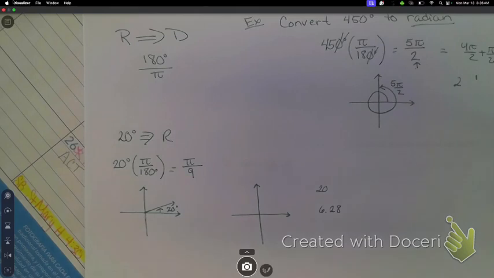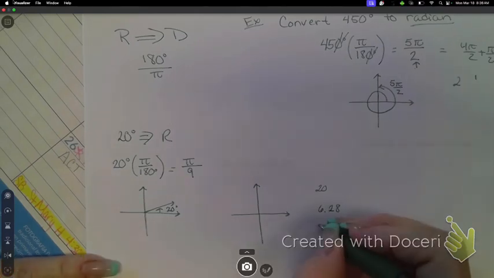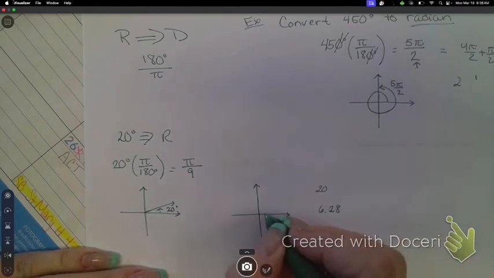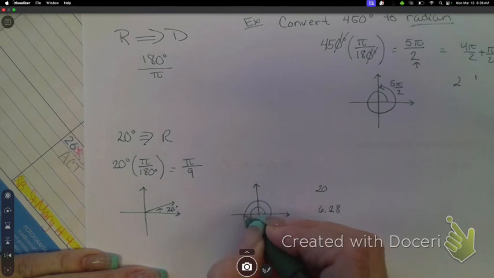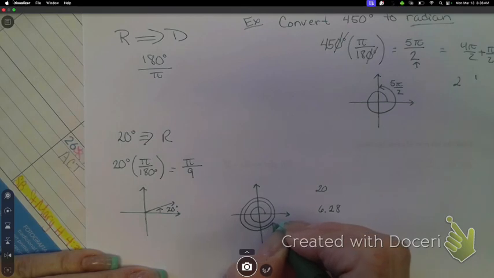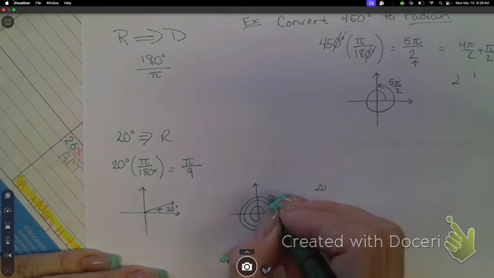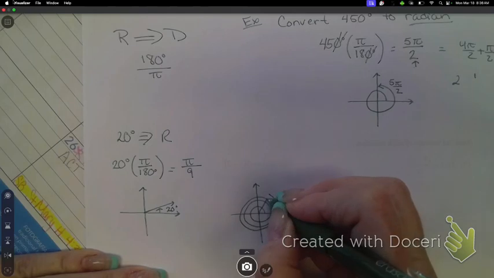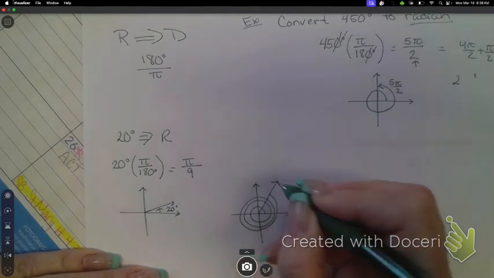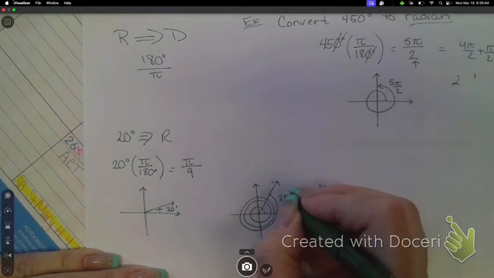How many times is 6 going into 20? It's 3, right? 3 complete rotations. So 1, 2, 3. We're not over half. We're like here, right? And this is 20 radians.